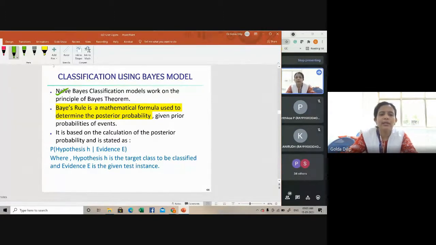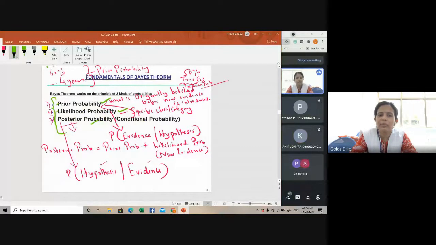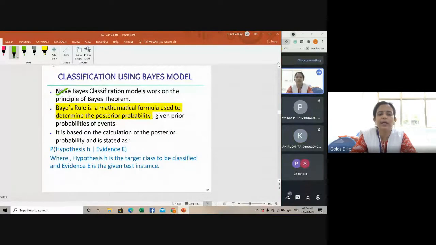Bayes rule is a mathematical formula which is used to determine the posterior probability, when you are given the prior probabilities of the events. Yesterday I discussed prior probability, posterior probability and other things.